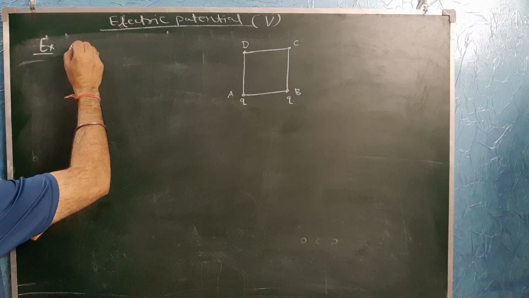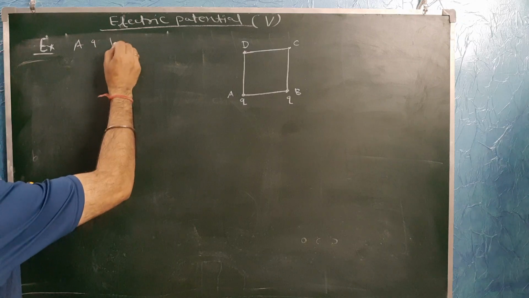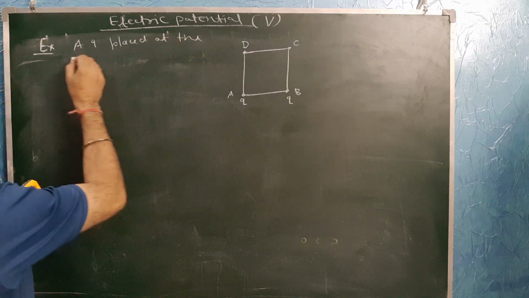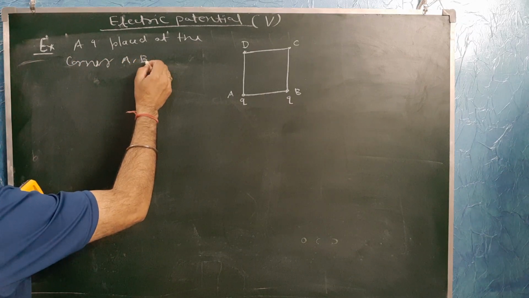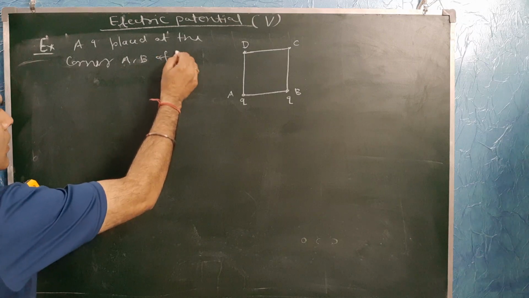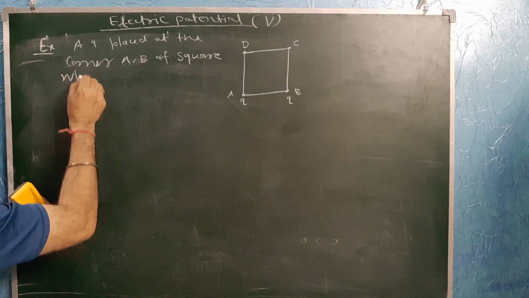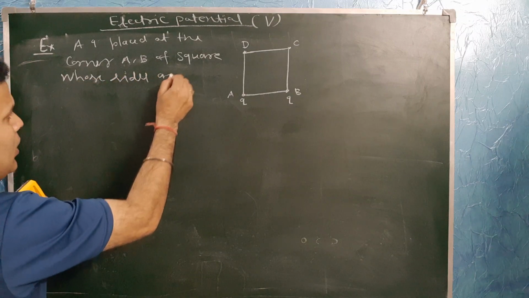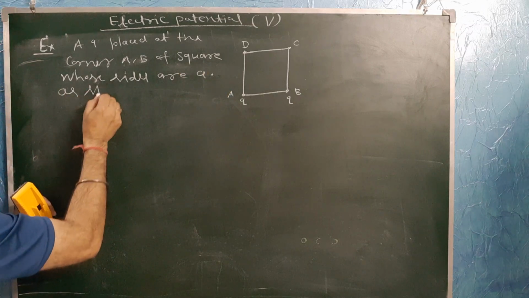A charge Q is placed at the corners A and B of a square whose sides are A, as shown in the figure.